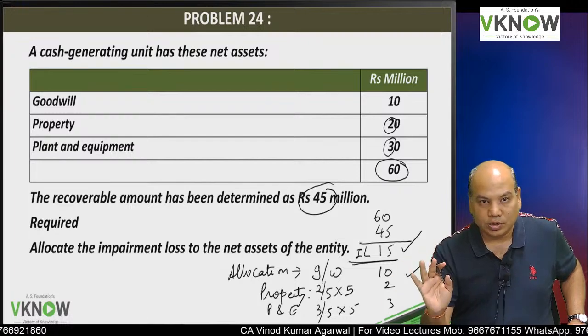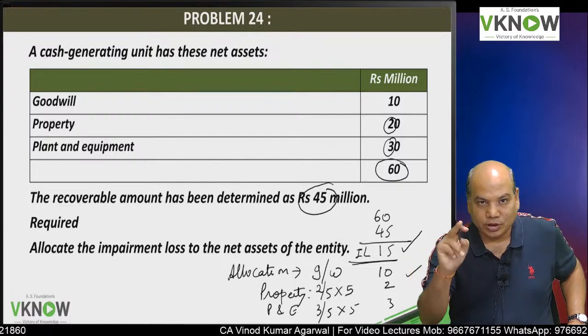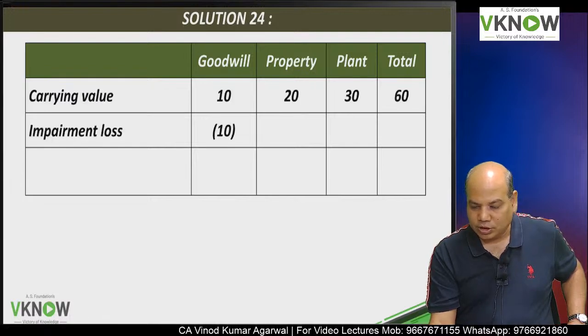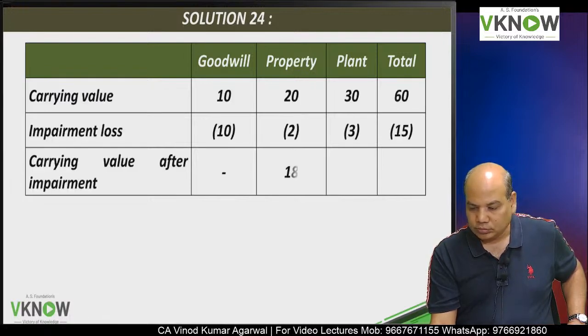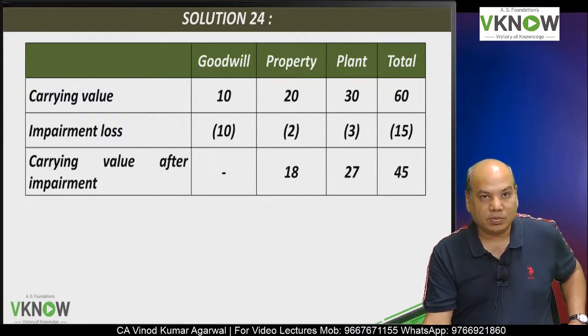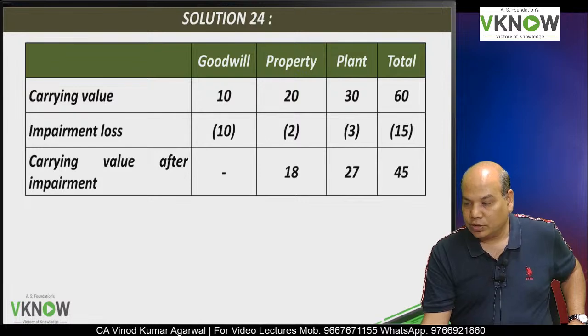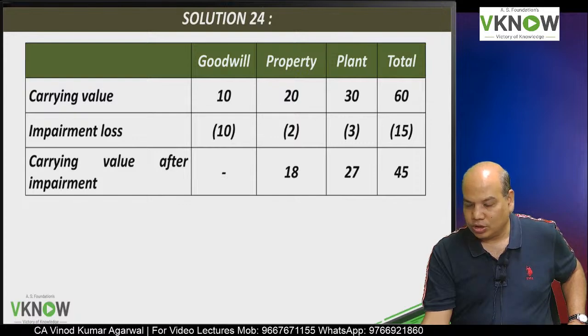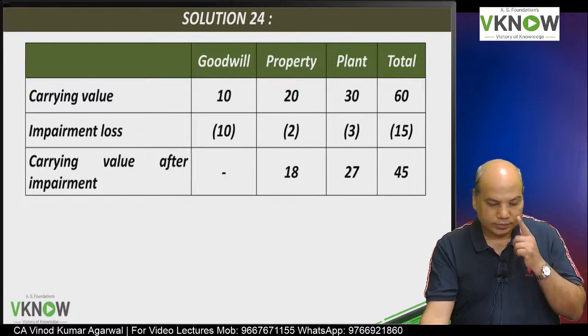So the allocation will be 10 towards goodwill, 2 towards property and 3 towards plant. Revised carrying amount after providing impairment loss: goodwill 0, property 18, plant 27 and total 45.